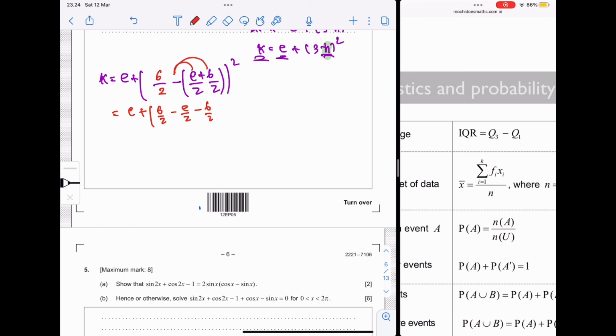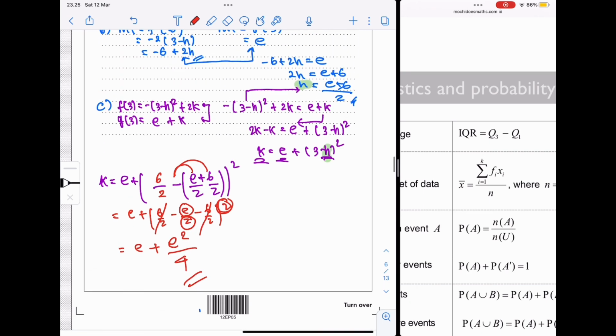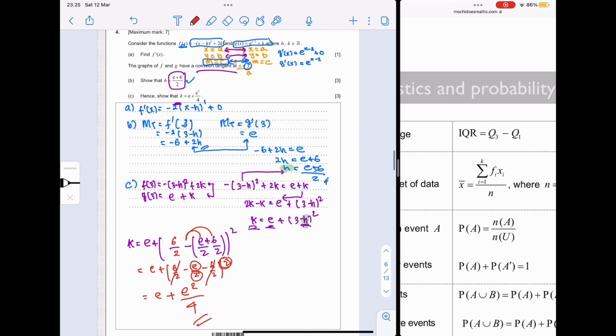I'm sorry, I'm not used to this device. Remember, you have to distribute it. The 6s cancel. Minus e over 2, squared, becomes positive. E squared over 2 squared. So everything becomes e squared over 4, and there you go. Yes, it is equal, and you're done.